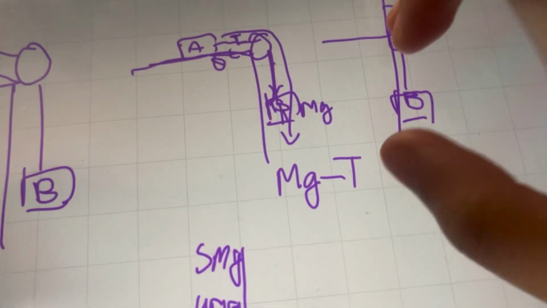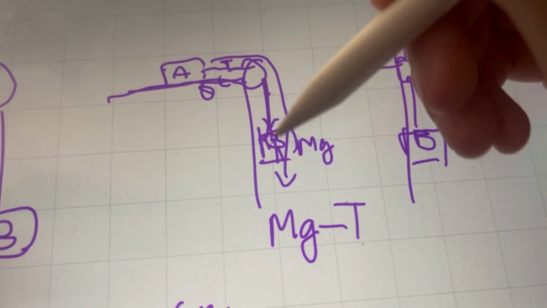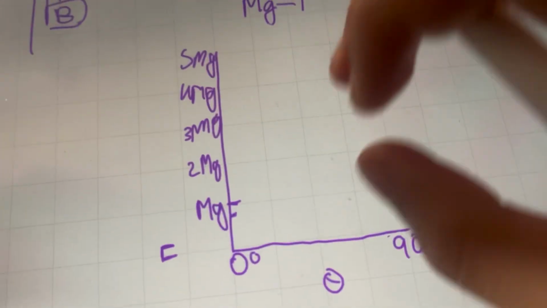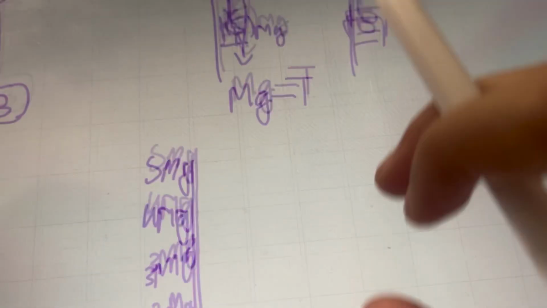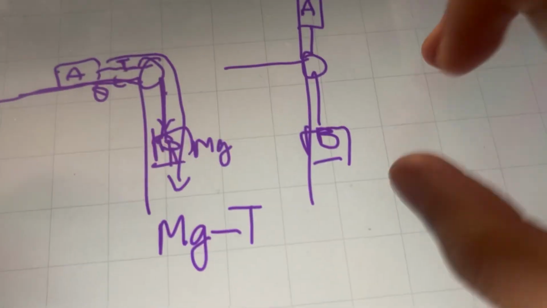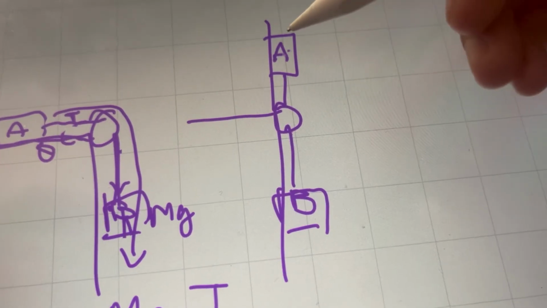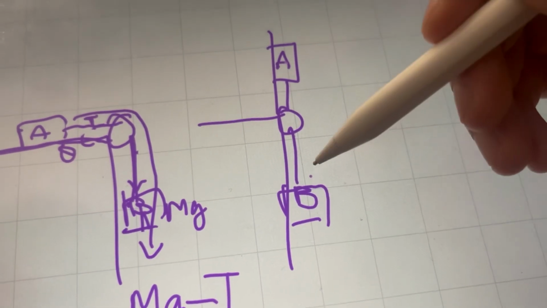Block B's graph: the only thing pulling on block B is the tension, so block B would start right here. And when it's at 90 degrees, both blocks are literally just in free fall.